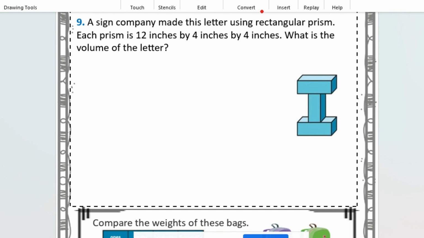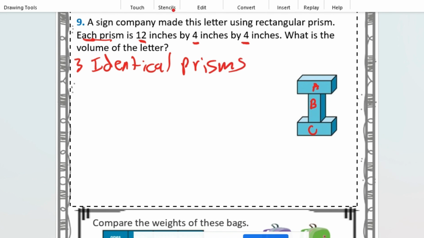So we have here a rectangular prism, or in this case we have 3 rectangular prisms, A, B, and C. And here we have our dimensions. This is L, for the length 12, and the width is 4, and the height is 4. We want the volume. So since it says each prism is, we have 3 identical prisms.